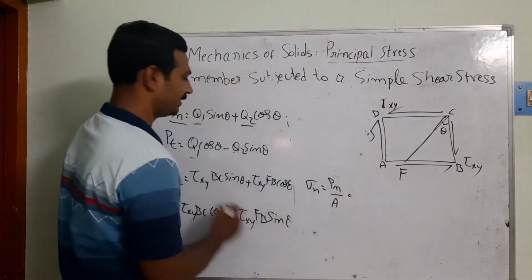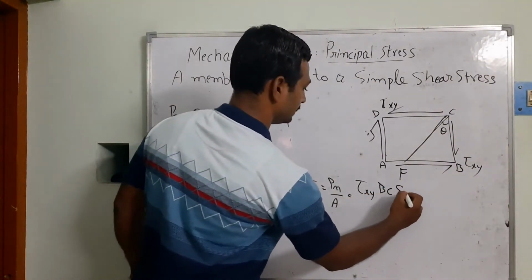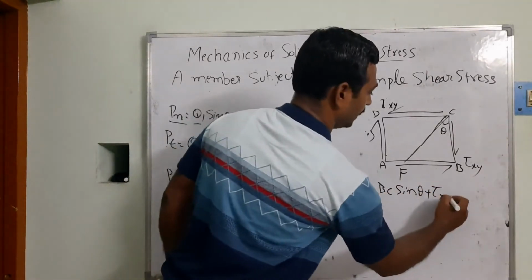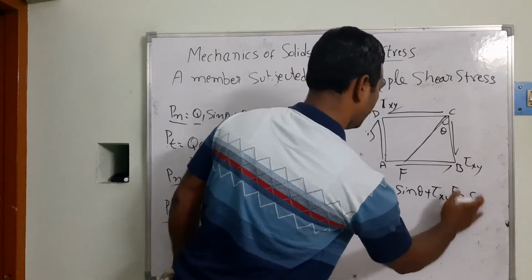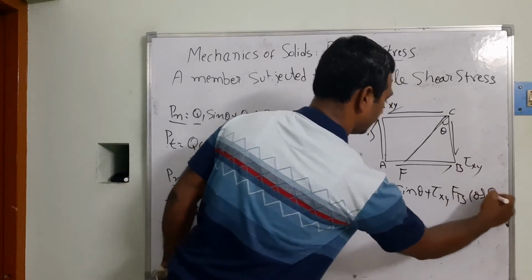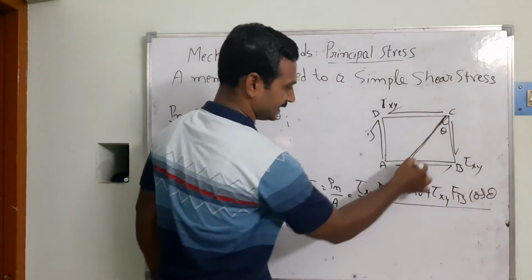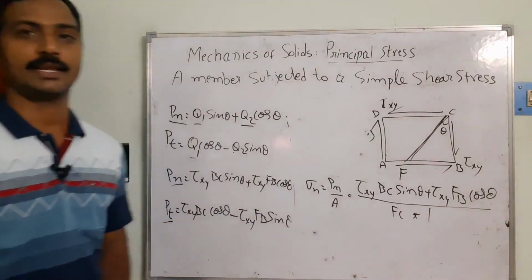What is the Pn here? That's going to be tau xy BC sin theta plus tau xy FB cos theta. Now by area, which area do we need to take? We need to take this area, FC into 1.